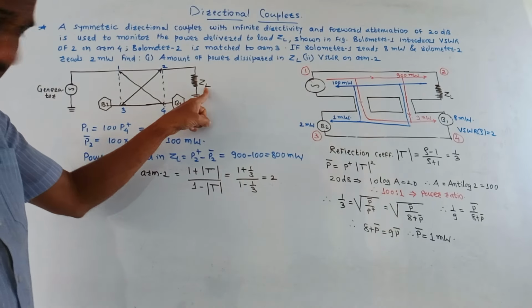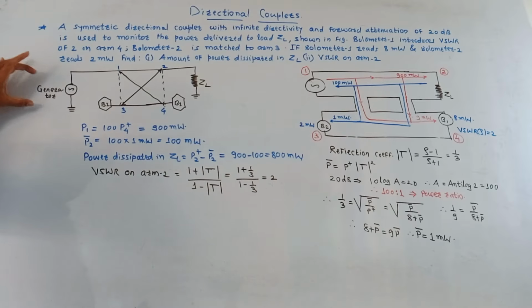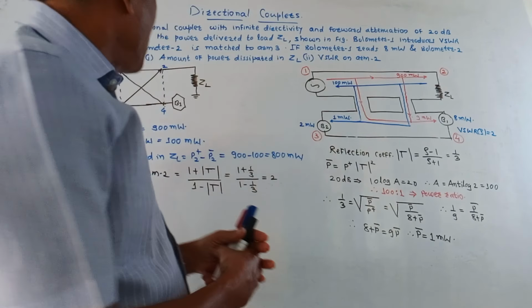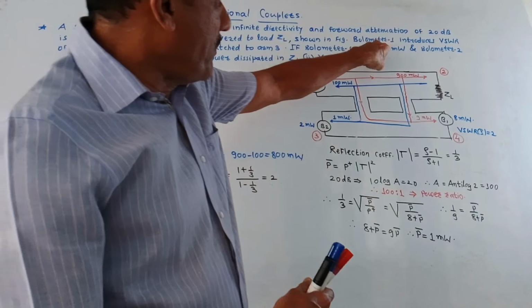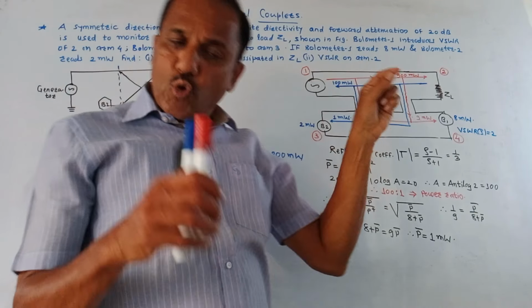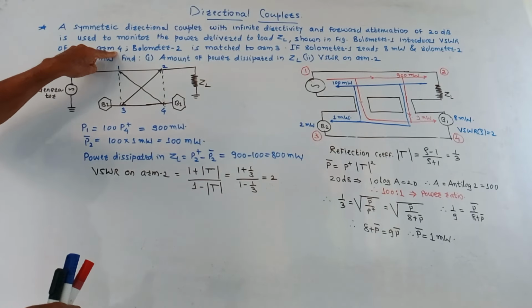So here ZL represents the load. At the left side we have connected one generator. Two bolometers are shown which are used to take the measurement of power. So bolometer 1 introduces VSWR, voltage standing wave ratio, of 2 on arm 4.